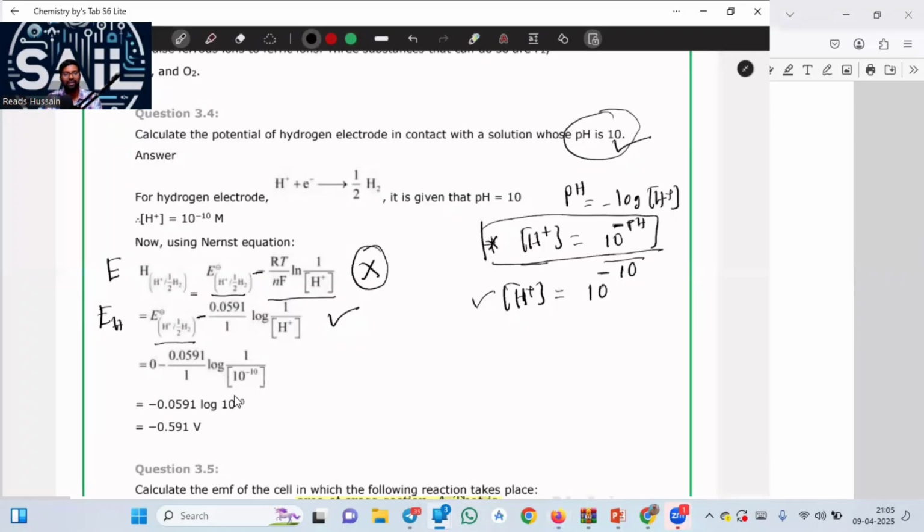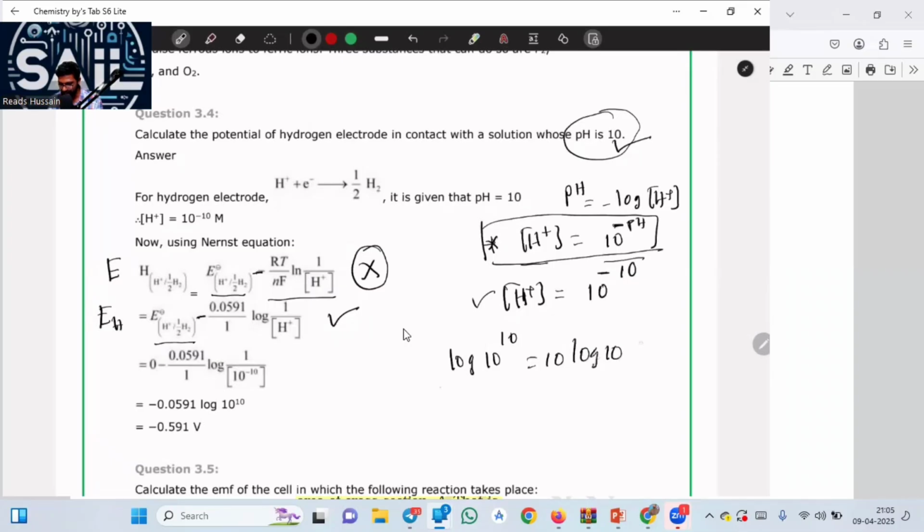Okay, now you see, log 1 by 10 power minus 10 becomes log 10 power 10 if you take it to the numerator; 10 power minus 10 becomes 10 power plus 10. This is log 10 power 10. This becomes 10 log 10 now. I will write it here, see. Log 10 power 10 can be written as 10 log 10.